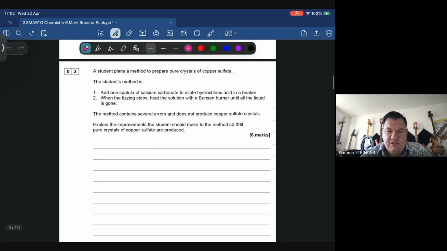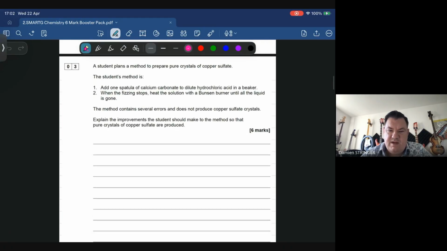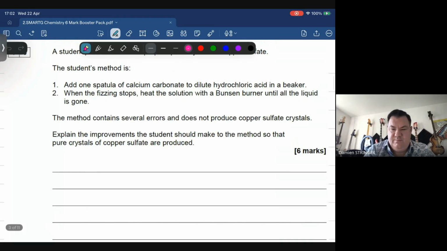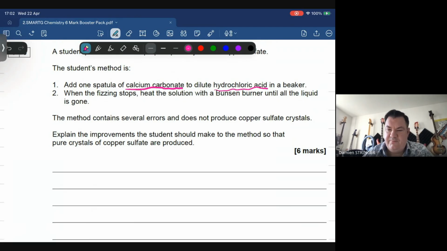Okay. So a student plans a method to prepare pure crystals of copper sulfate. So that is one of the required practicals. The student's method is add 1 spatula of calcium carbonate. So this is where I like to underline what they've been using. Calcium carbonate to dilute hydrochloric acid in a beaker.